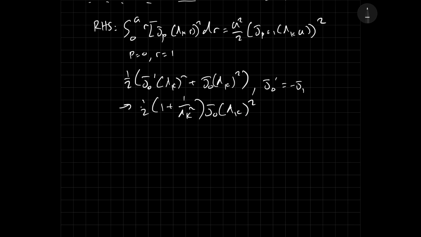And finally, we get the integral from 0 to 1 of r times j0 lambda k of r squared, and it equals 1/2 of 1 plus whatever we had above. Actually, j1.